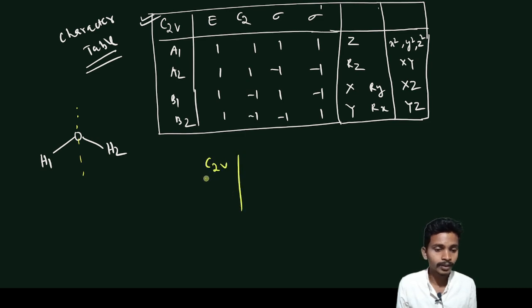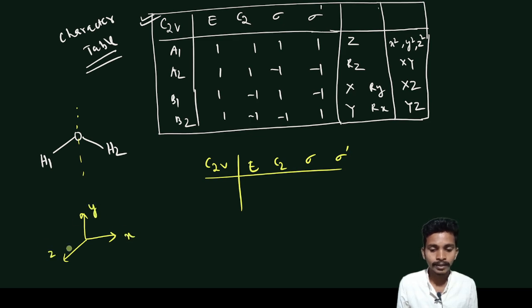For the C2v point group, what are the symmetry elements? E, C2, sigma and sigma dash. Let's say I'm taking these as the axes: this is the x-axis, this is the y-axis, and this is the z-axis. I'm applying the C2 axis along the z-axis, and I have the planes.